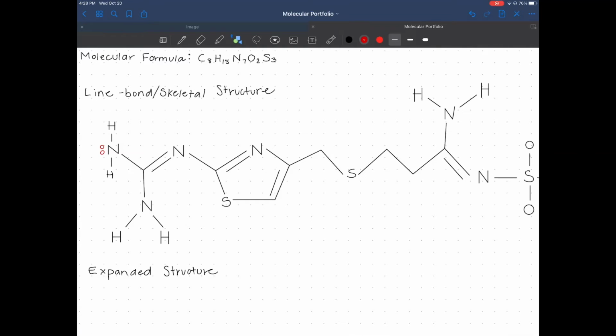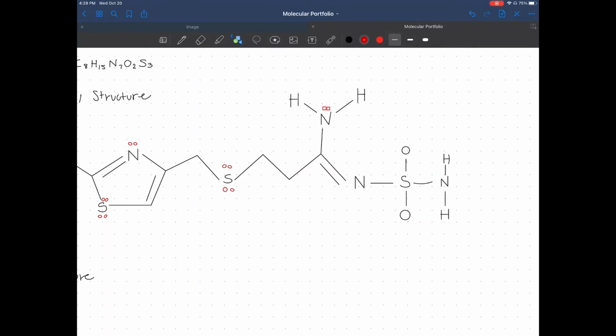Here I'm going back in to add lone pairs to the atoms that need to satisfy their octet still, which is on the nitrogens, sulfur, and oxygens.